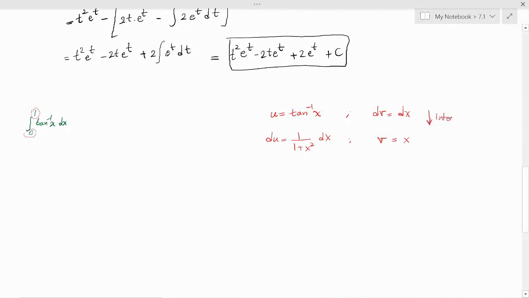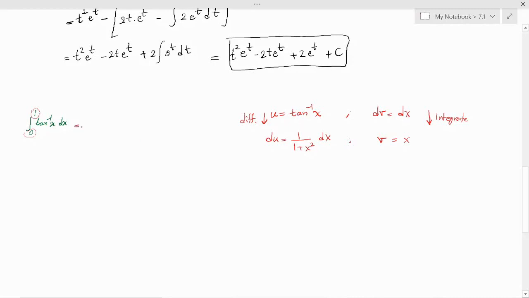You integrate, and from this step to the next one, we take a derivative or differentiate. We need to find out what is du, and on the other side we need to find out what is v. The derivative is given, we need to find the original function. In this one, the original function is given and we need to find the derivative.